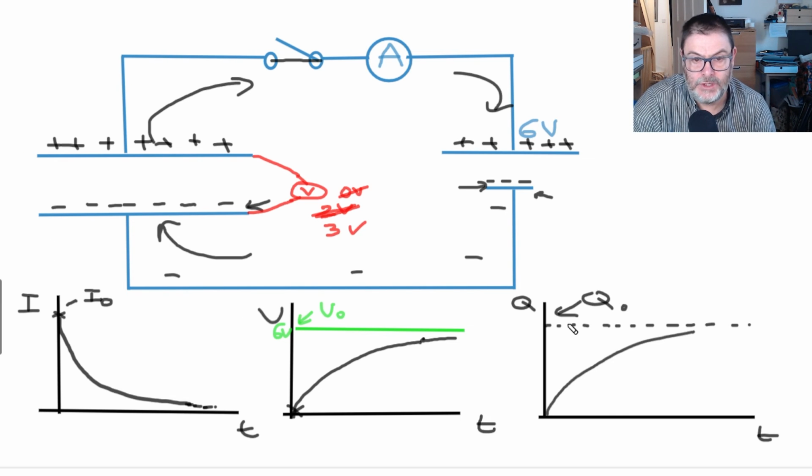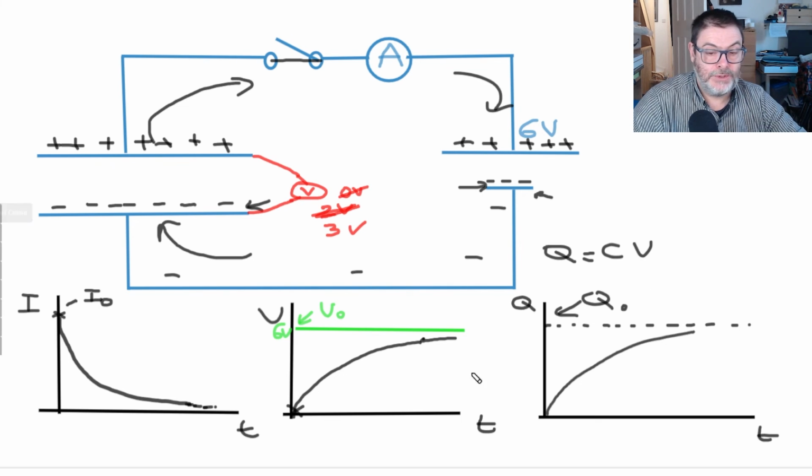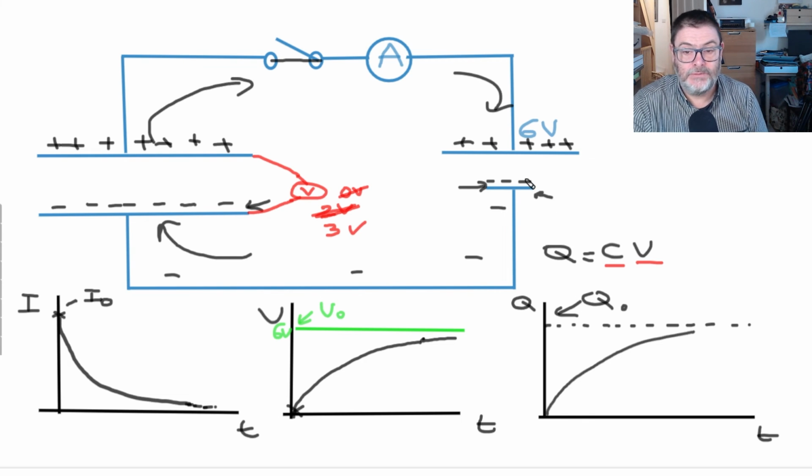Now what's the value of Q0? Well, Q0 is the maximum charge the capacitor can take. So we know that because we are fully aware, of course, that Q on a capacitor equals CV. So the maximum charge on the capacitor then is really easy to find. You just have to use the maximum voltage times the value of the capacitor. And the maximum voltage in this case is 6 volts.